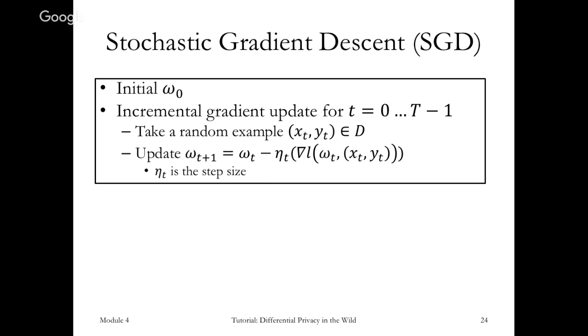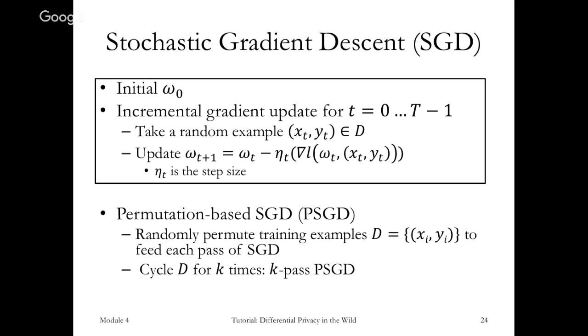The solution is updated by moving in the direction of the gradient at the current solution and at x_t and y_t, with a step size alpha_t. The order of the random samples can be based on a random permutation of the training data set at the beginning of each pass of stochastic gradient descent. If you use this permutation, this algorithm is known as permutation-based SGD or PSGD. If you cycle through the data set k times, this is called k-pass PSGD.